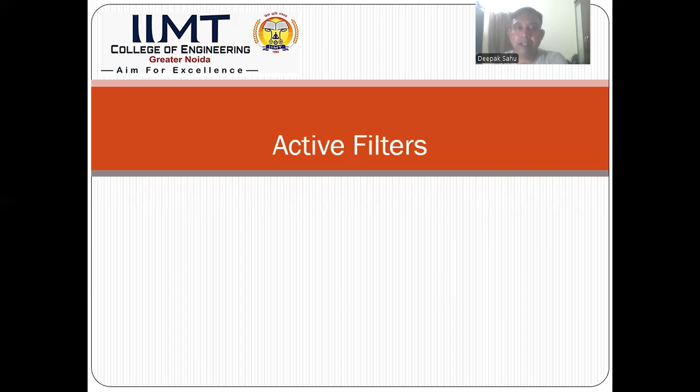So, learners, today we'll be discussing a very primary and basic topic of analog electronics, which is mainly analog filters. Filters are basic fundamentals of electronic circuits, particularly in audio and video electronics.